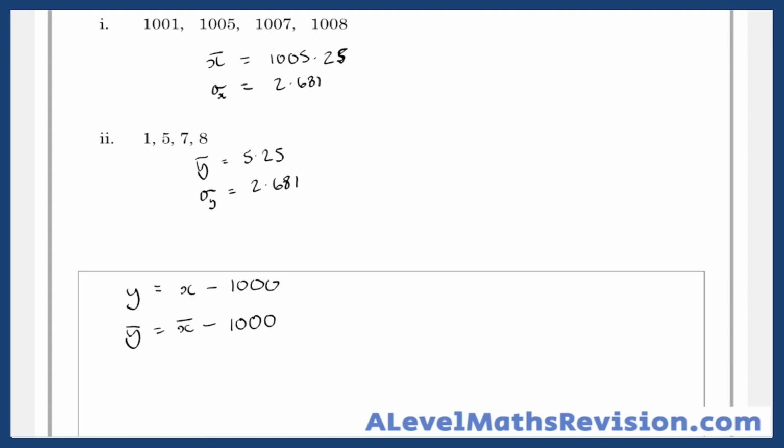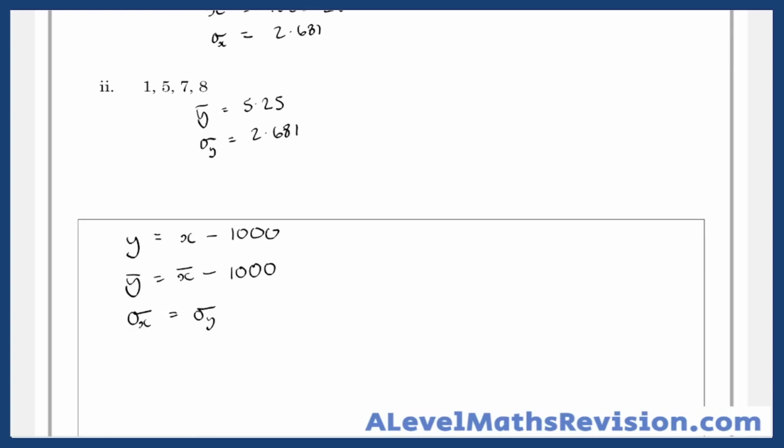The gaps between the data are exactly the same as before we applied the linear code. Therefore, the standard deviation won't change. When we apply a code like this, the standard deviation of the original set is the same as the standard deviation of the coded set.